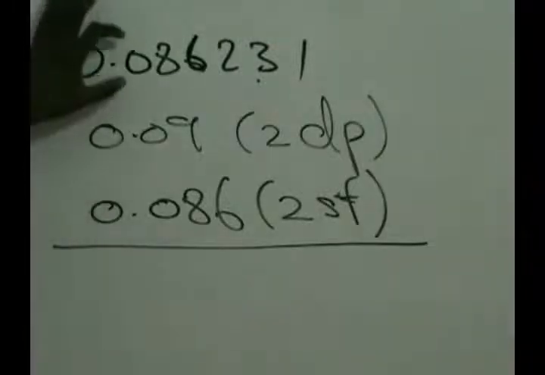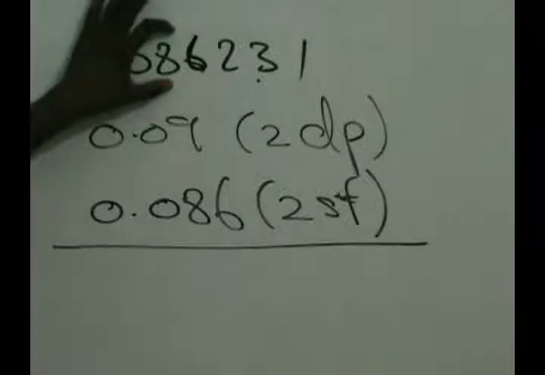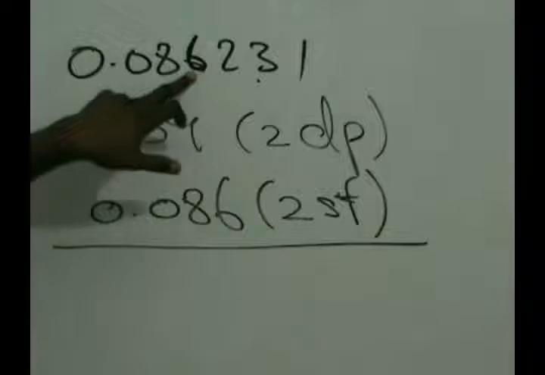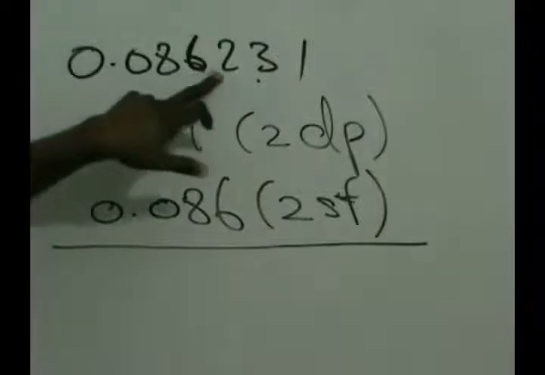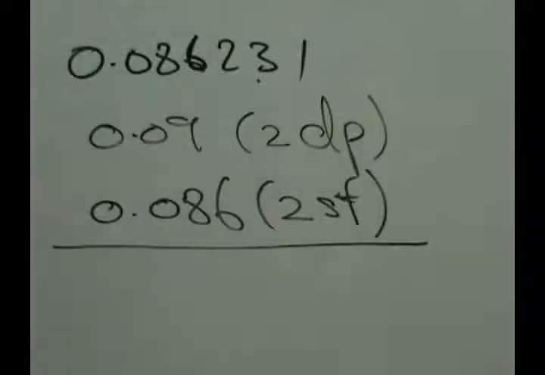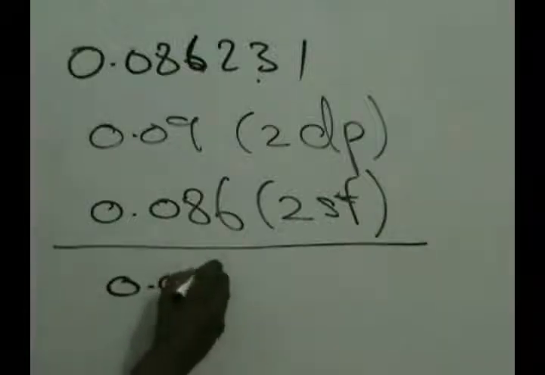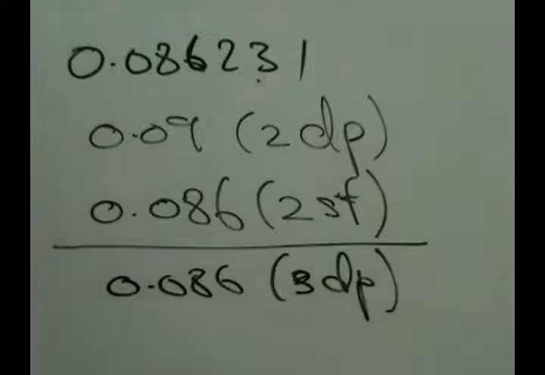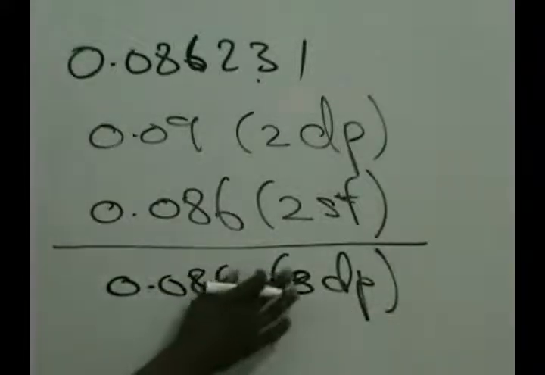The first decimal place is 0, the second decimal place is 8, the third decimal place is 6. So your 6 followed by a 2 will give you 0.086 to 3 decimal places and significant figures.